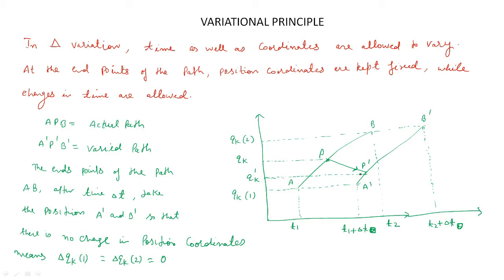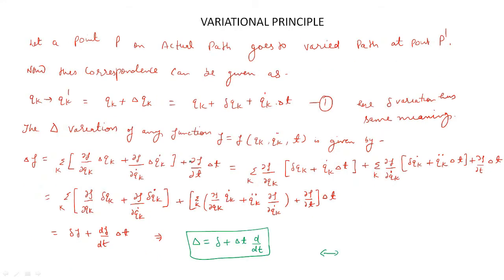So we can write, as P reaches P dash, for the position coordinates: if you see the diagram, then Qk will be equivalent to Qk dash, and so we can write it as Qk plus delta Qk, because there is a difference in position coordinate.